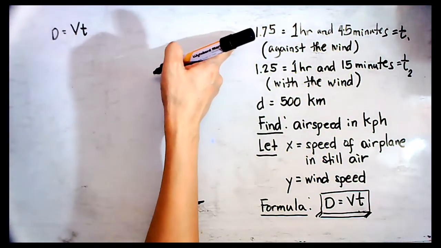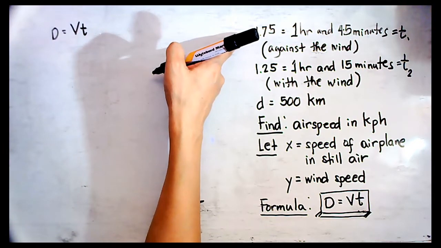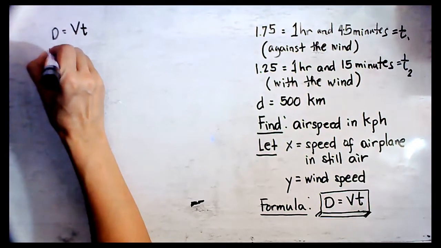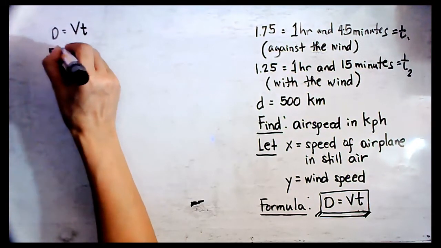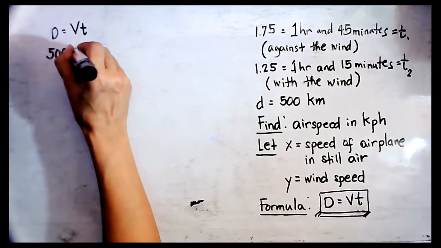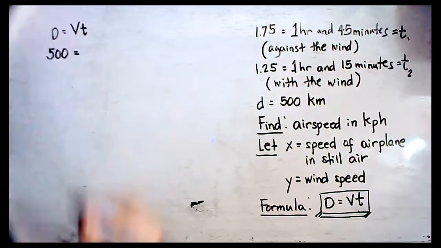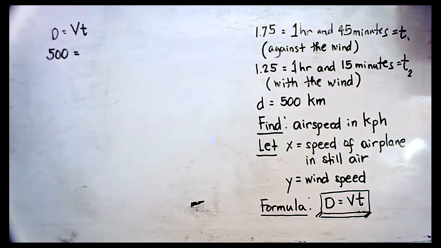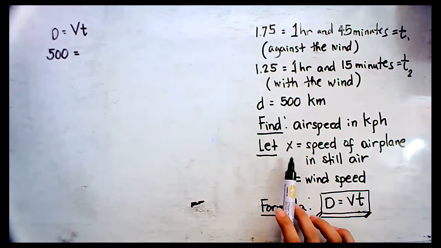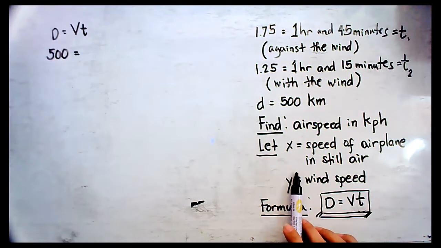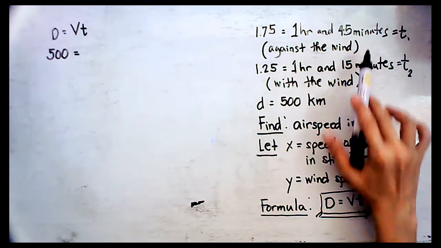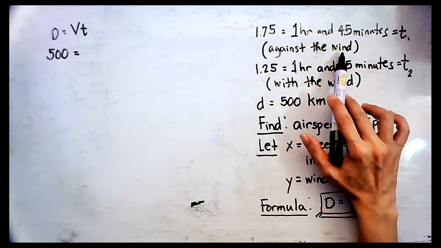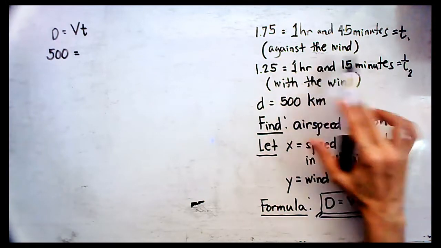For the first condition, if the airplane will be traveling against the wind, we have the same constant value for the distance, which is 500 kilometers. Then the velocity will be the speed of the airplane in still air, and then ibabawas natin yung speed nung air kasi the plane will be traveling against the wind.